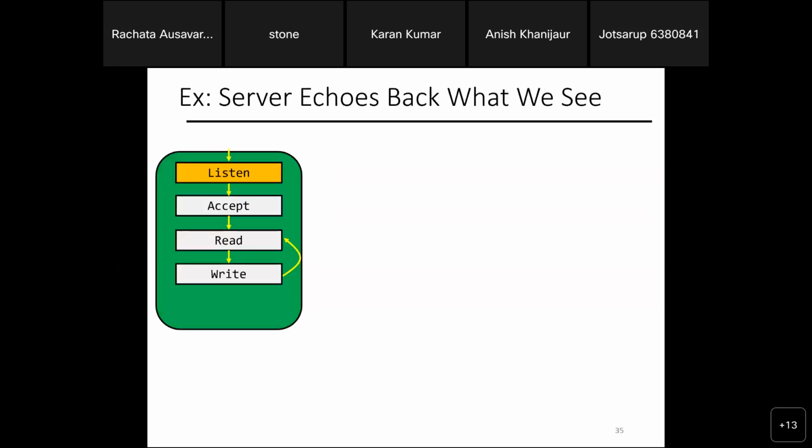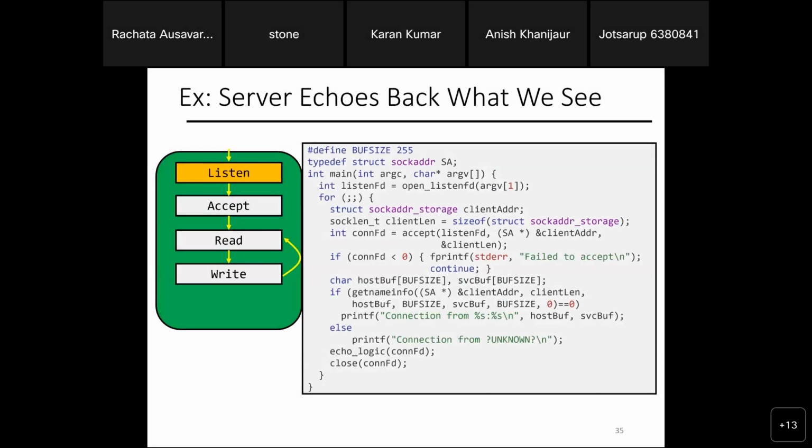So what we have to do now is, on the server side, I'll keep listening. If I see something, I reply that thing back. So the main code is: I first accept the connection through the listen FD.